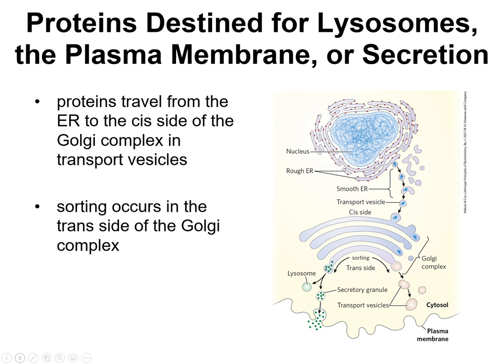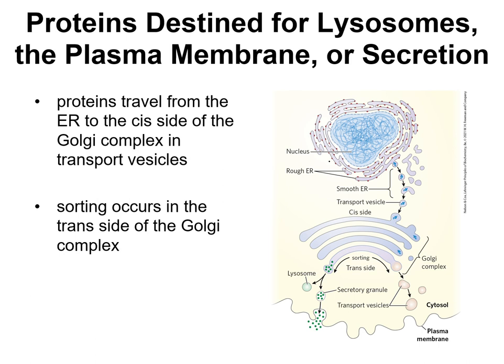So to remind you of what a cell looks like, you've got the nucleus with the nuclear envelope, which has some pores in it. And we'll talk about those a little bit later. And then you've got around that the ER.